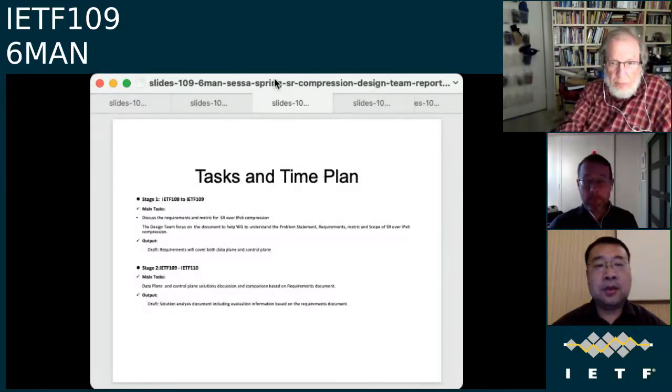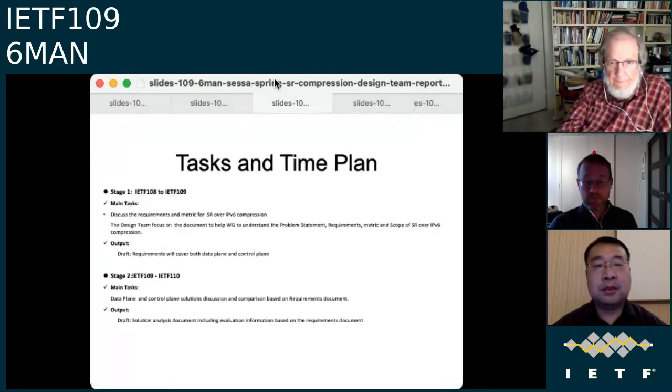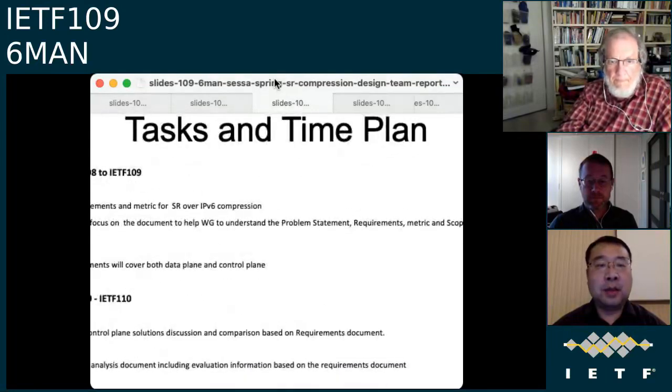So for the design team, I think we have a rough plan. First stage, during IETF 108 to IETF 109, we hope to output a requirement draft. I think we have achieved this plan.